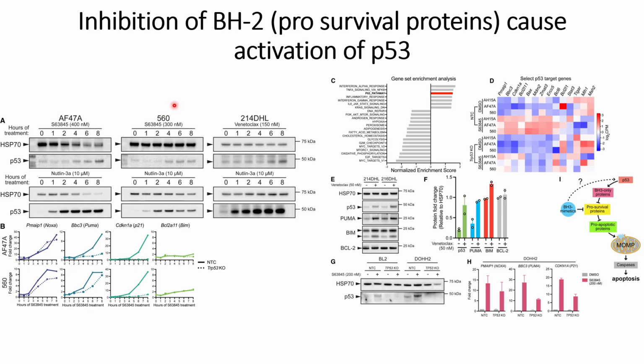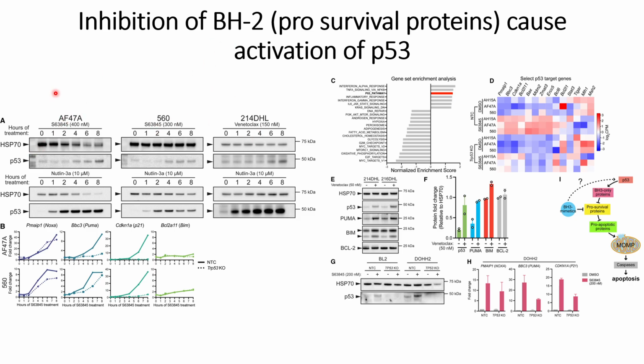We will not cover these results, as they are similar to what we will cover for AF47A and 214 DHL. For the 214 DHL cell line, they used venetoclax to inhibit the BH2 survival proteins.